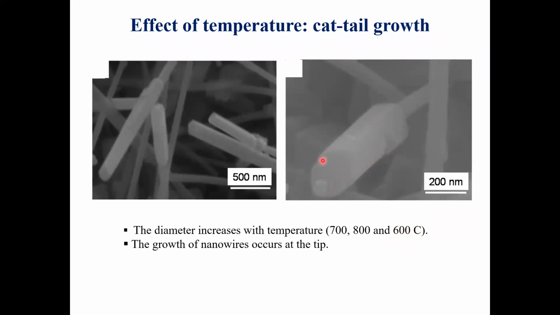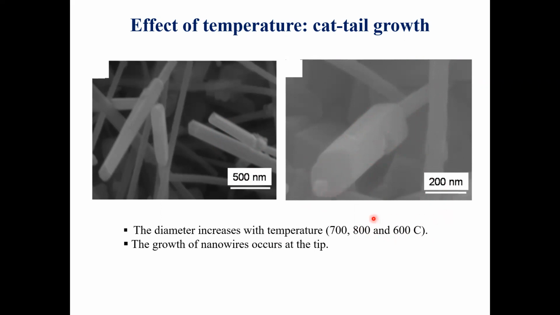So you can see that this cat-tail type structure, cat-tail growth, is confirming that the growth is happening preferentially on the top surface. So this one-dimensional and isotropic nature is maintained. But you can see that the diameter of the fiber is increasing with temperature and decreasing at lower temperature.